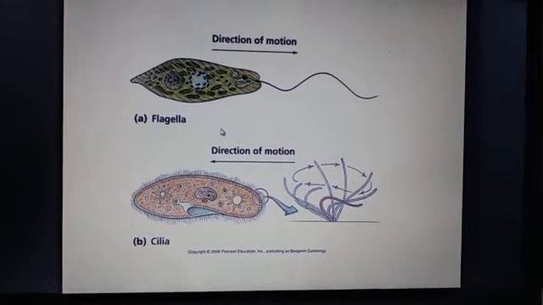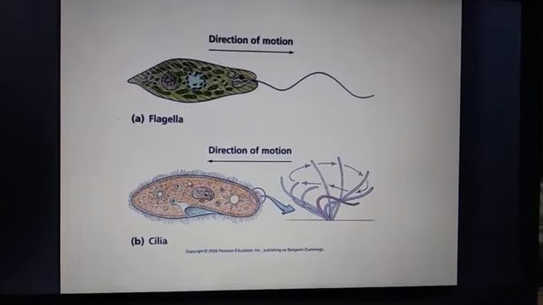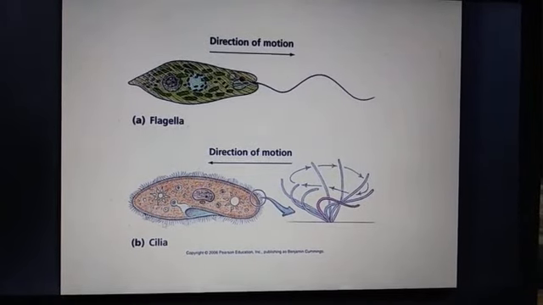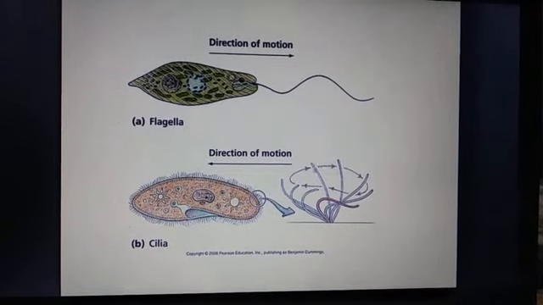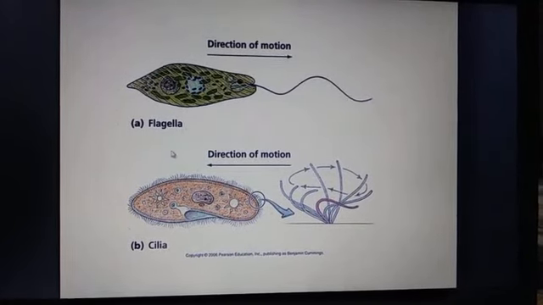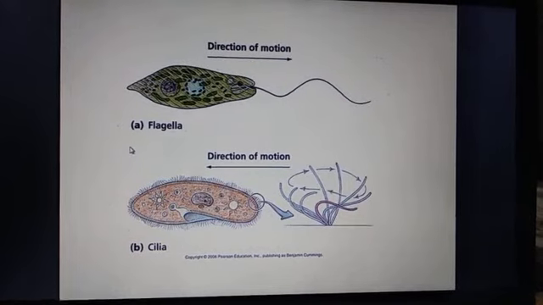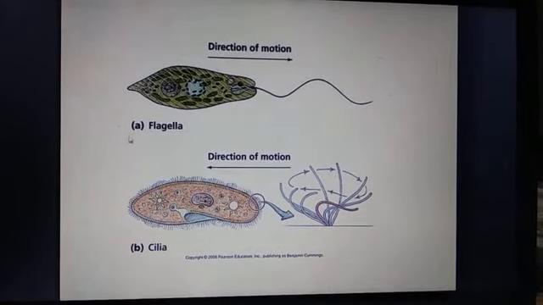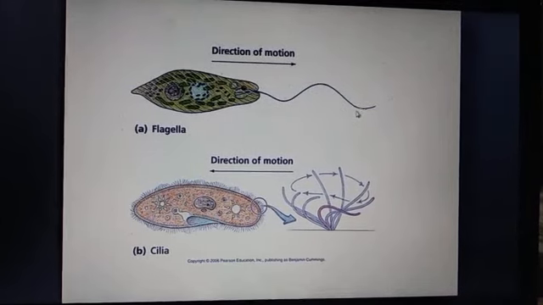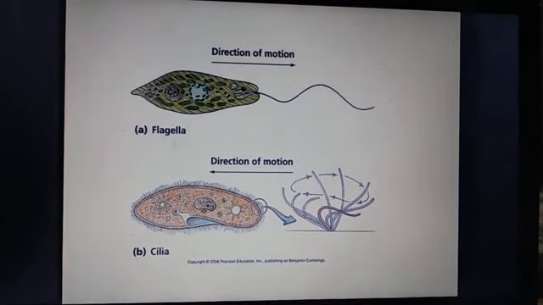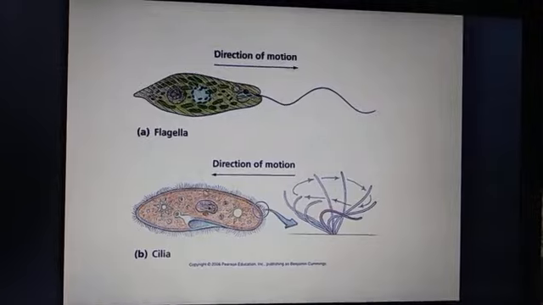These are small extensions on the cell membrane which help in locomotion and collection of food. Euglena is a unicellular organism having a single flagellum, and Paramecium has numerous cilia on the cell membrane.